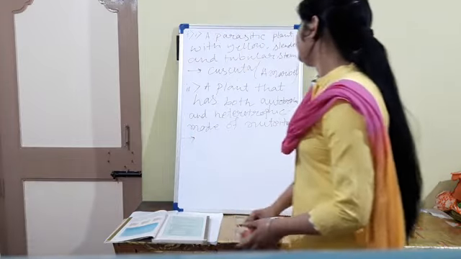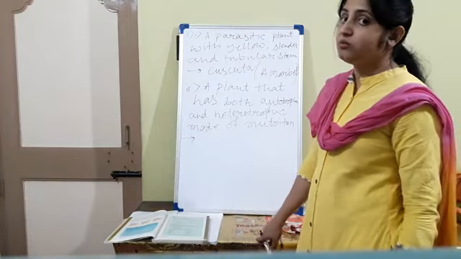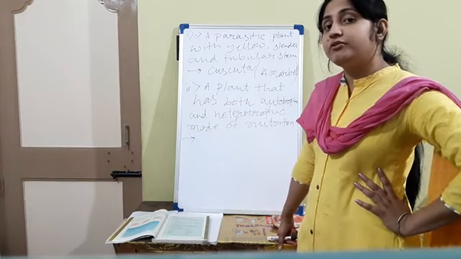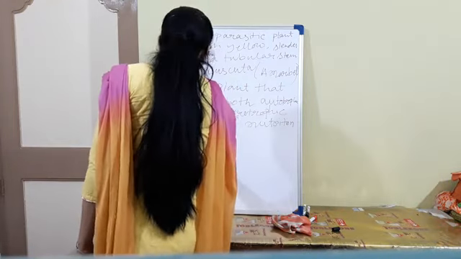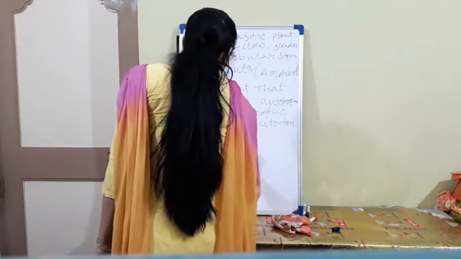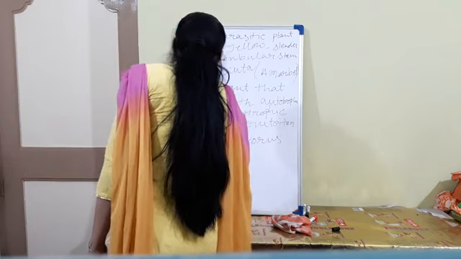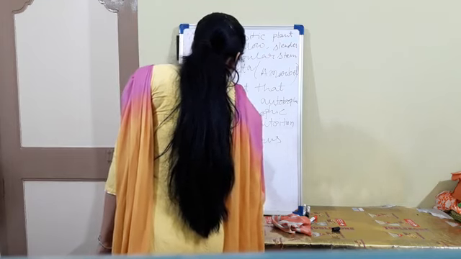So, you know that a plant that has both autotrophic and heterotrophic mode of nutrition. One plant, they are partially heterotrophic, partially autotrophic. I have already said that: insectivorous plants. Insectivorous plant. Or you can give the example of the pitcher plant.